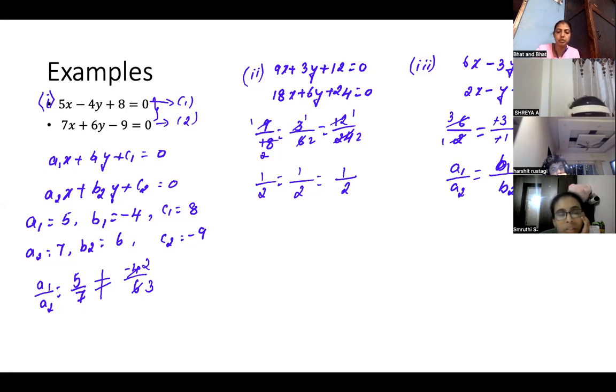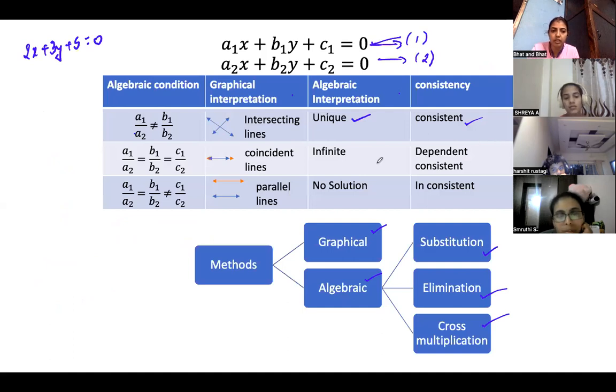Correct? So from this, what is the graphical representation? When you draw it, they will be parallel lines. It represents parallel lines. Understood this? Yes.